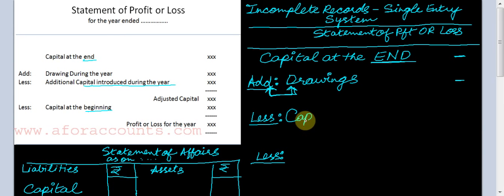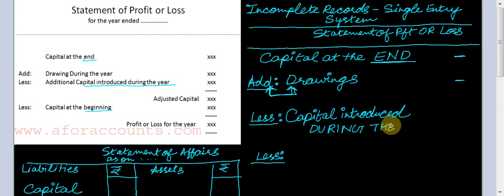Capital introduced during the year is over here.